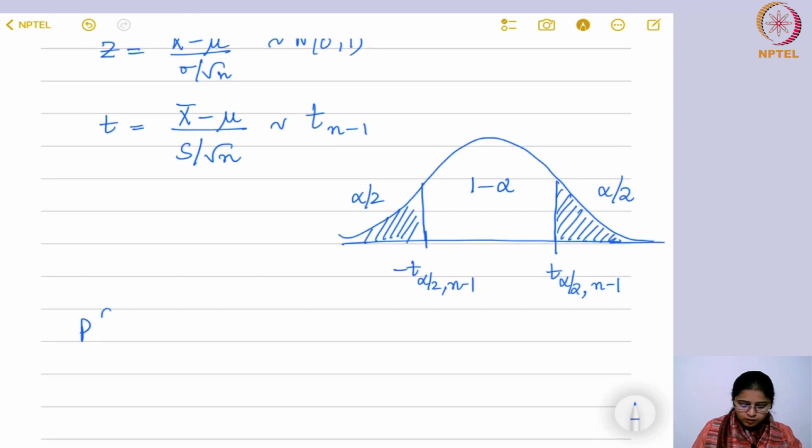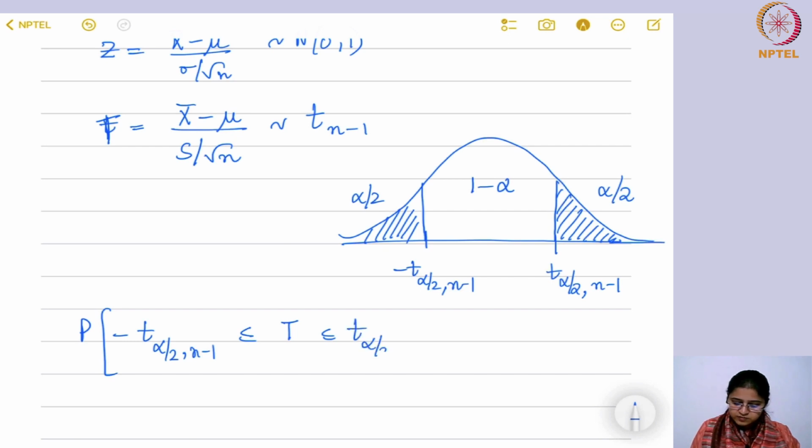Now, if I want to write the probability, it would be minus t alpha by 2, n minus 1, less than capital T, less than t alpha by 2, n minus 1. This probability is 1 minus alpha. Basically this value over here is the t value having an area alpha by 2 to the right of it with n minus 1 degrees of freedom.